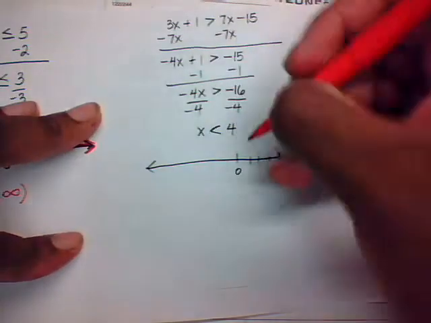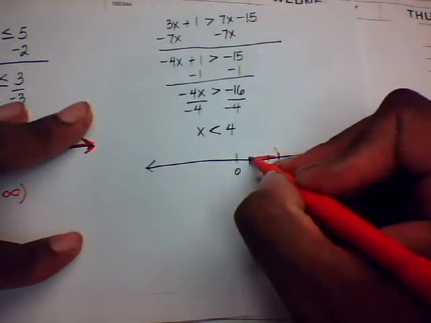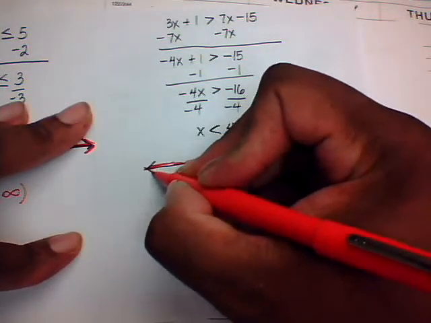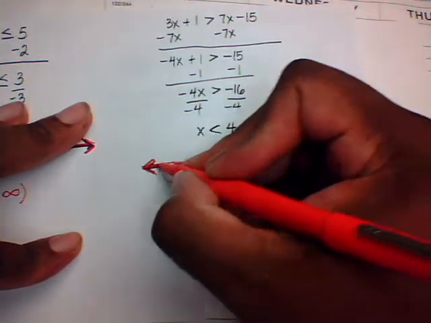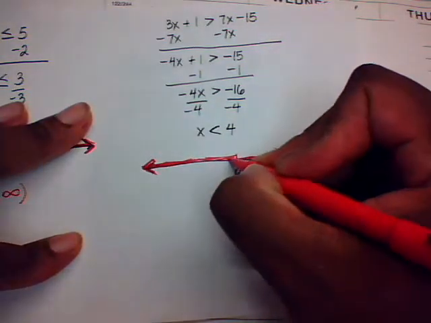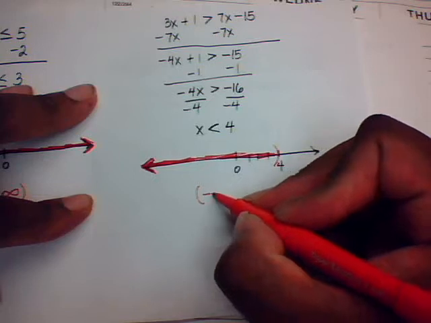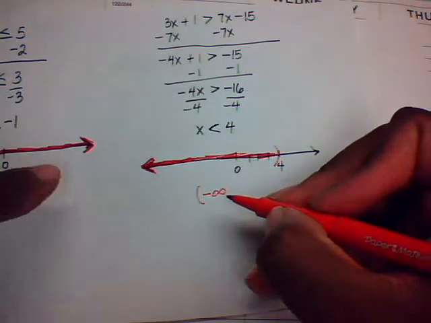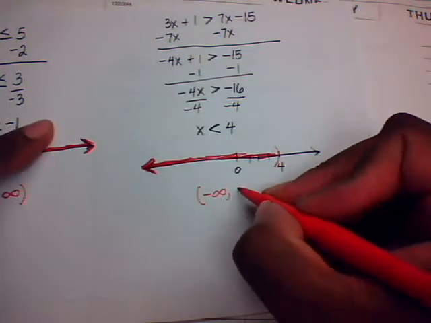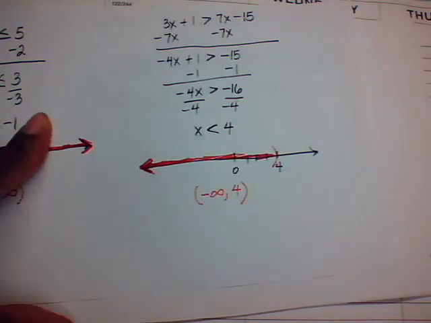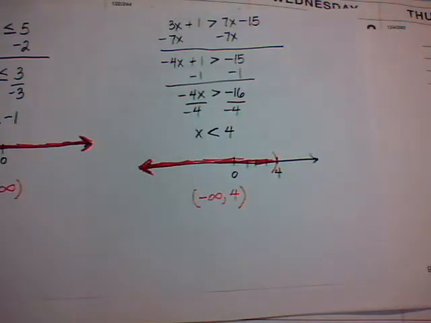And then we shade everything to the left of 4, and this goes on indefinitely. So my solution set would be negative infinity, because it's shaded to the left, up to 4. And I'm using a right parenthesis showing that the 4 is not included in this solution set.